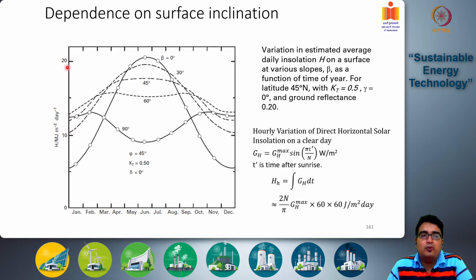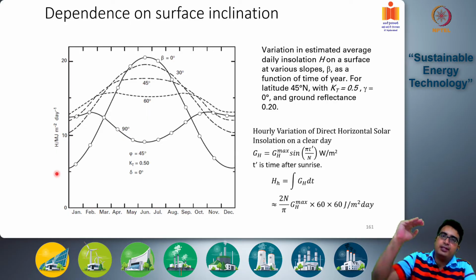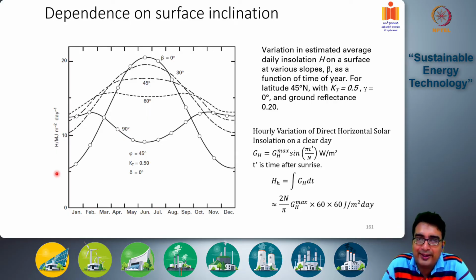The insolation value was 20 megajoules per meter square per day in summer, and less than around 5 megajoules per meter square per day during the winter times. So there is a 4 times difference in the amount of solar energy received by this collector, which is flush with respect to the ground.